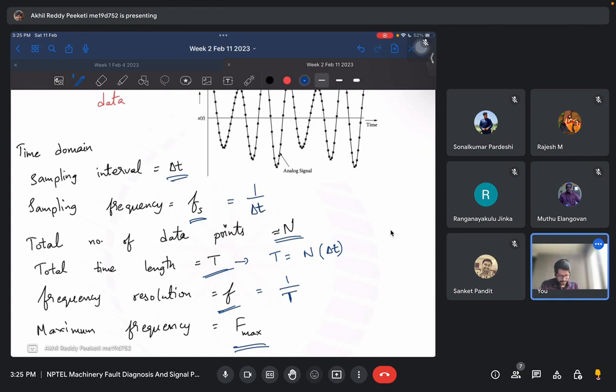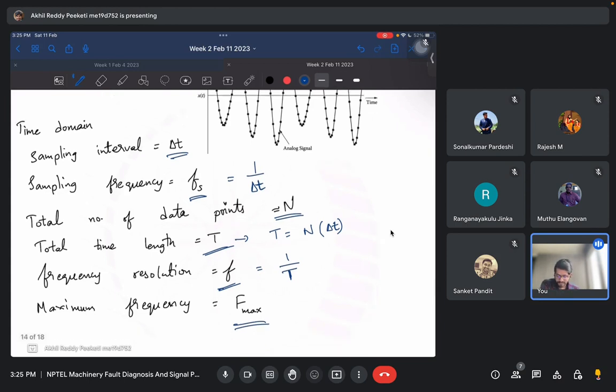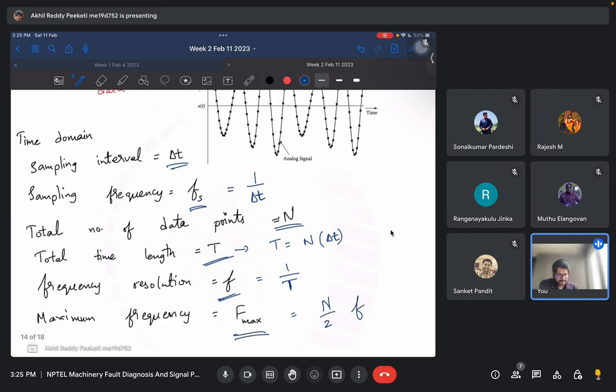And the sampling frequency would be just the inverse of the sampling time interval. And the maximum frequency that you can get from this kind of sampling would be n by 2 into f, where n is the total number of data points you collected and f is the frequency resolution.